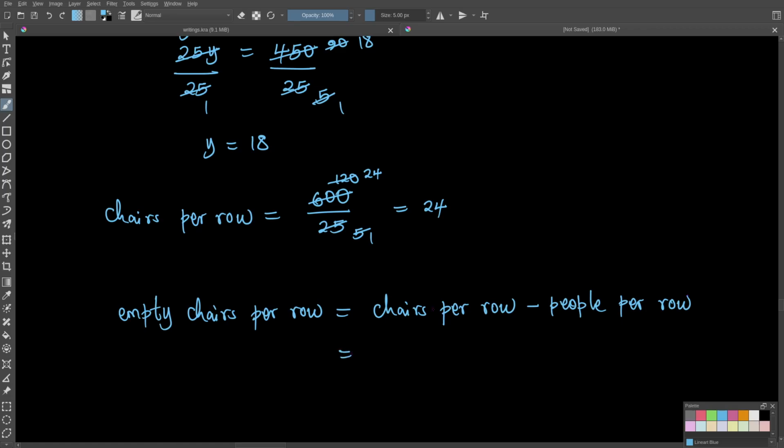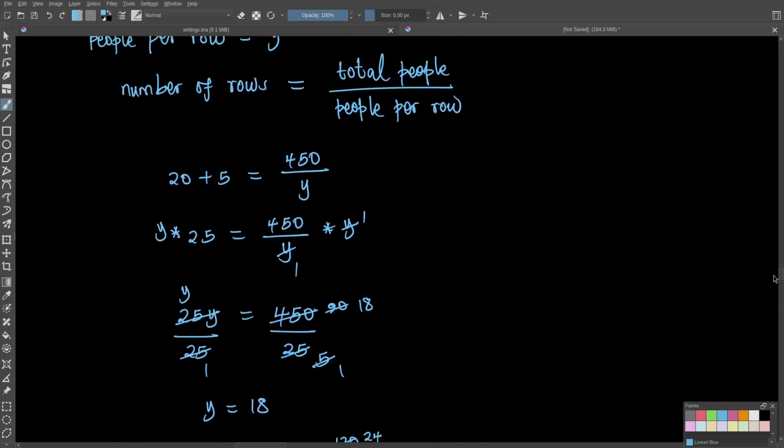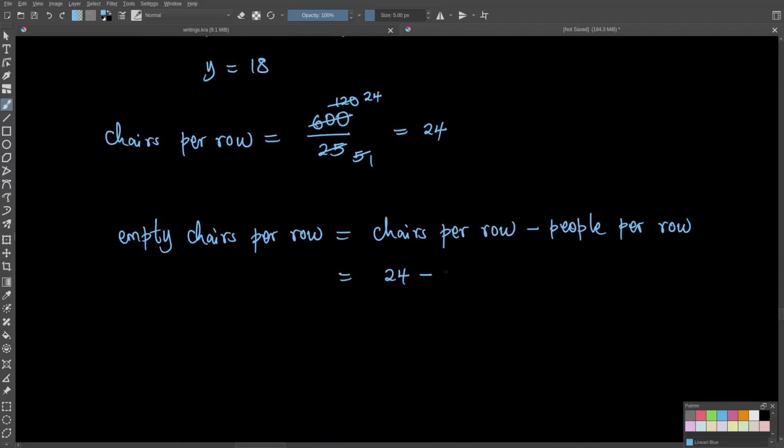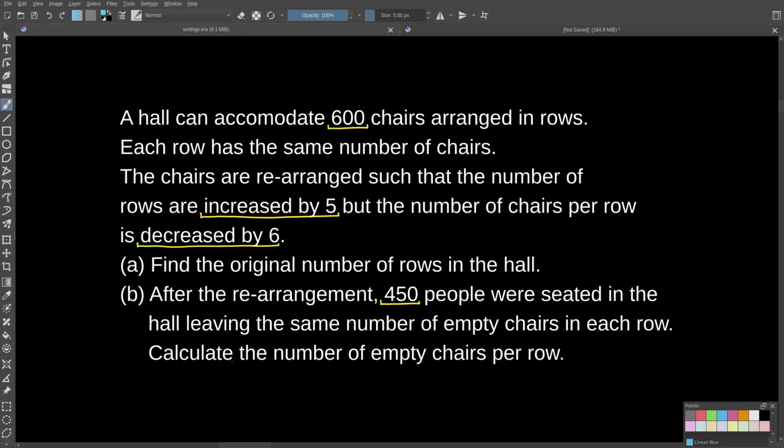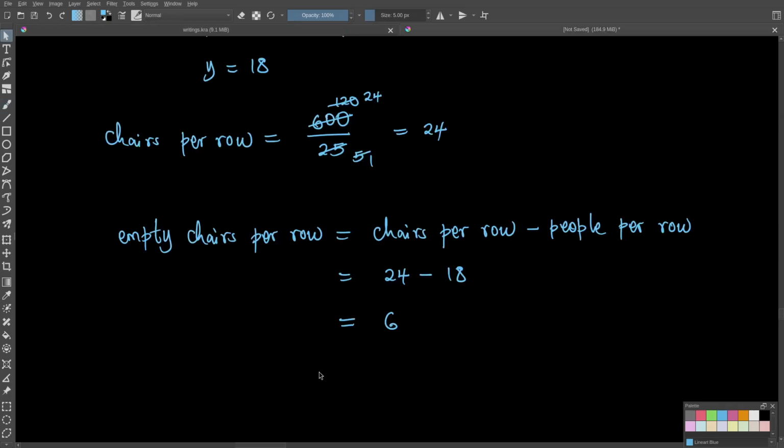So the chairs per row, that's 24, minus the people per row, we got that as y, which was 18. 24 minus 18 will give you 6. So the answer for part B would be, well, they had asked the number of empty chairs per row, so that would be 6 chairs. So the answer for part B would be 6 chairs were empty.